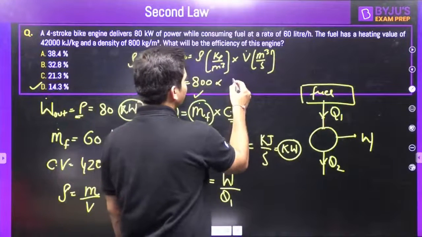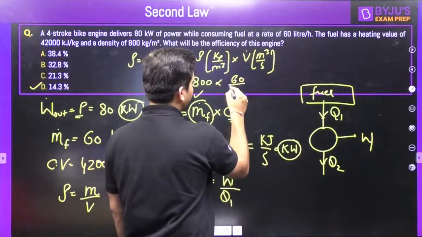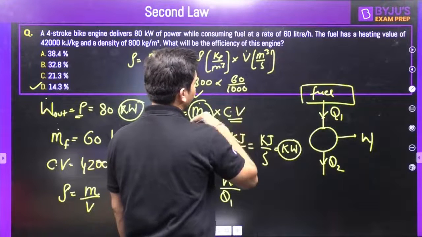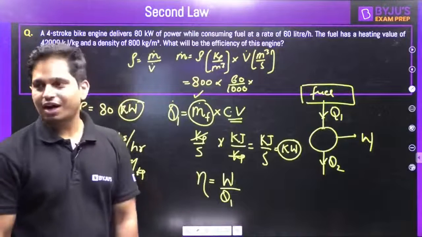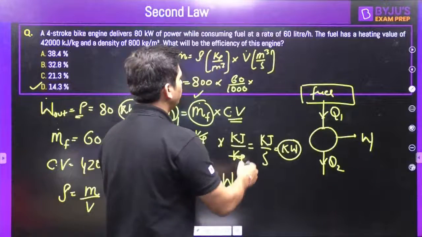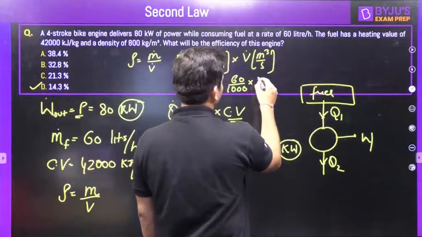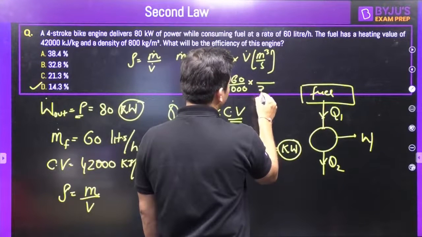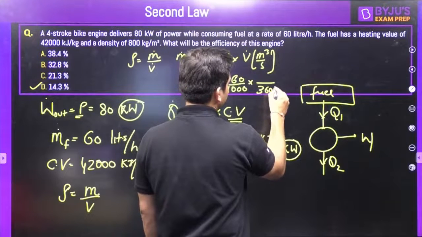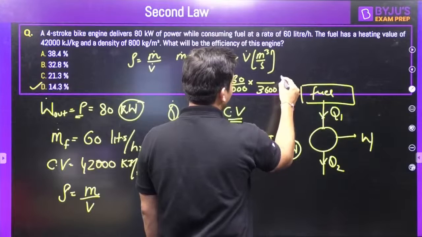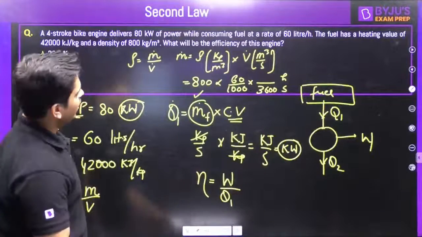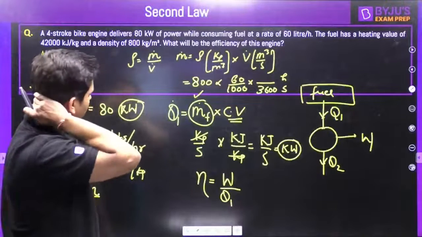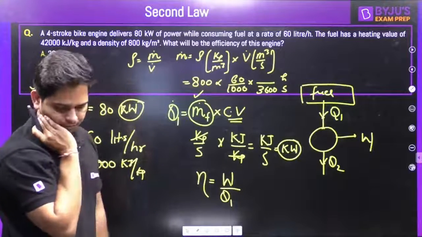In meter cube it is 60 by 1000 into, now this is in liters per hour, so I need to convert that into seconds per hour. Now you will get the mass flow rate of fuel.